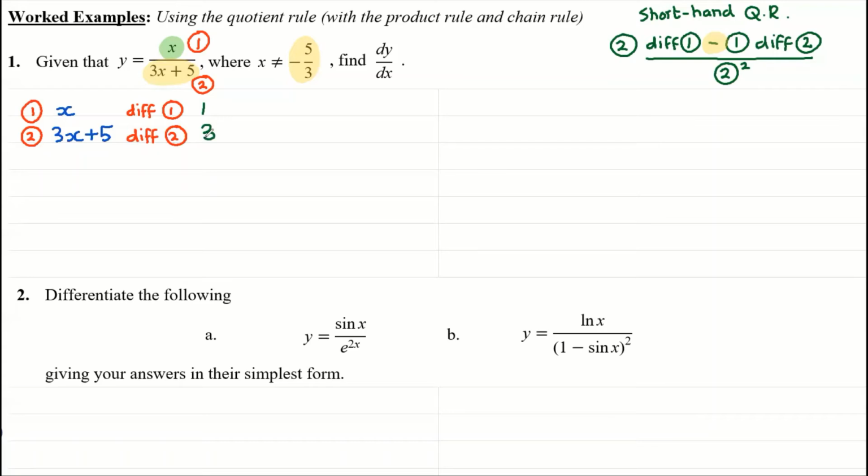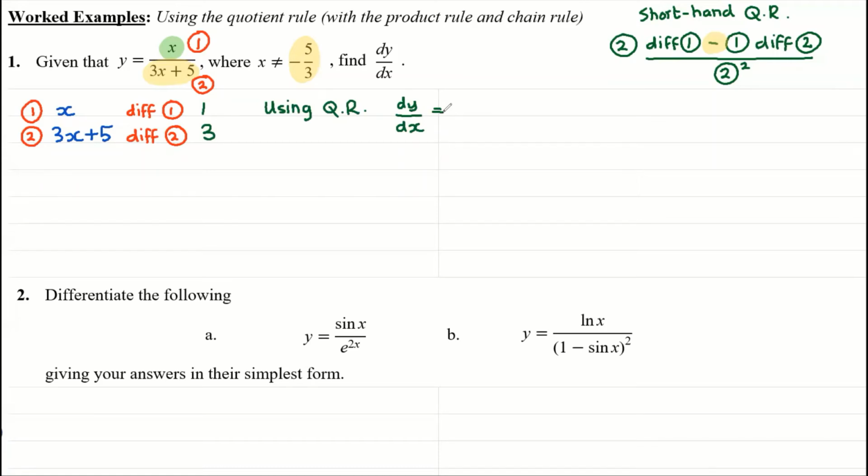So we can now write down dy by dx, applying the quotient rule. Okay, so let's say that using the quotient rule, dy by dx is equal to, and we just sub everything in the correct order.